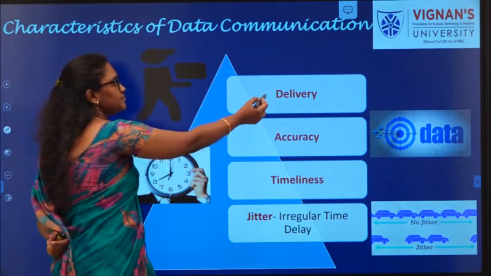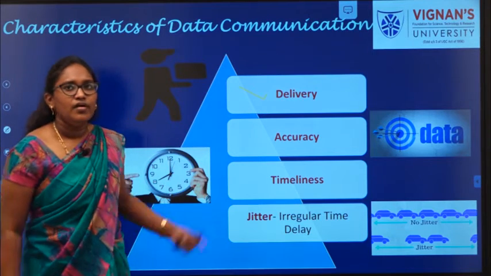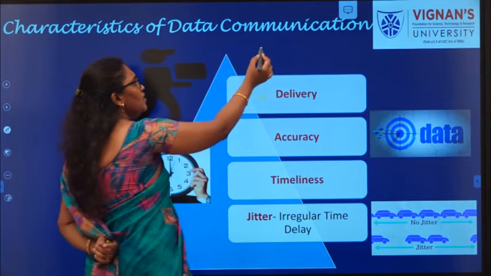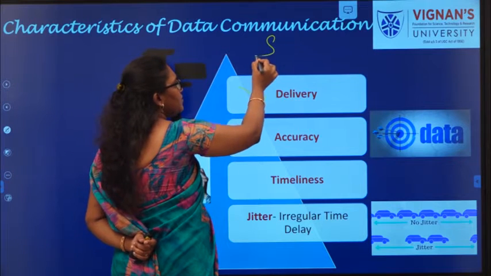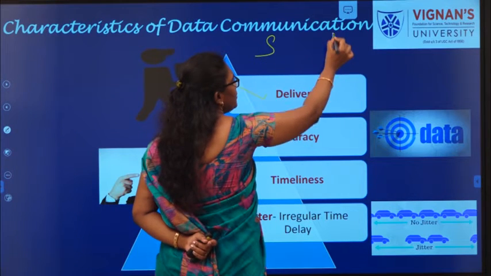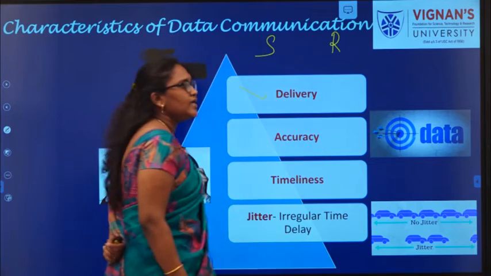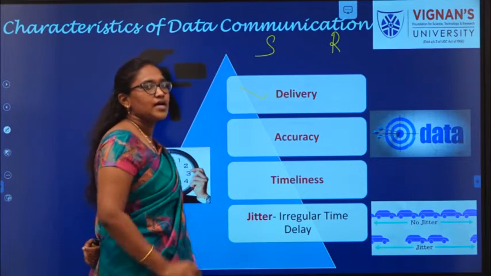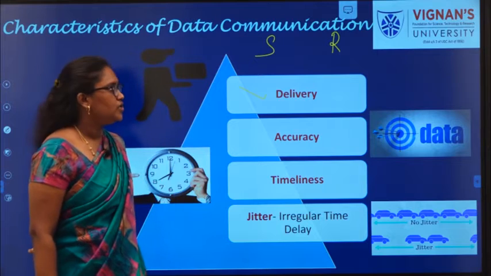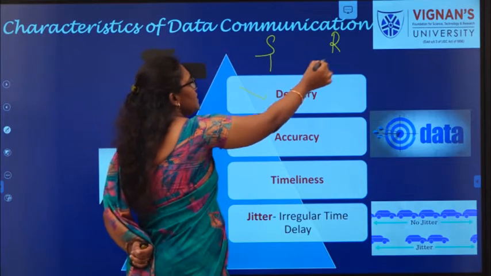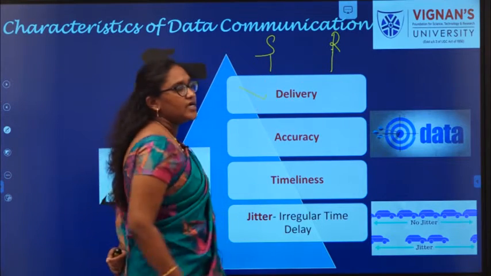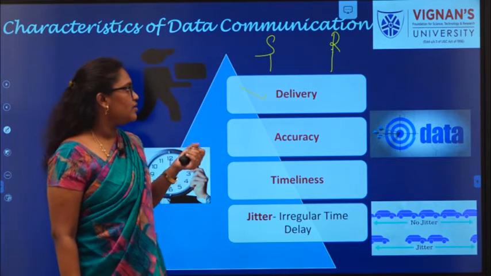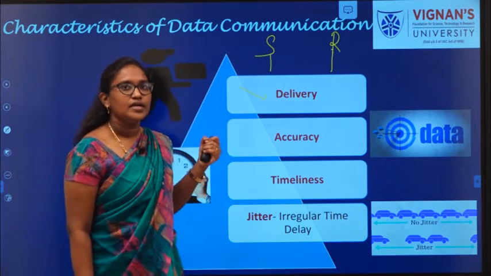Delivery means, always remember that in this complete unit you have to assume the concept with the help of a sender as well as a receiver. These two persons are common in this particular unit. So in terms of characteristics of data communication, you have a sender and a receiver. The first characteristic is delivery.